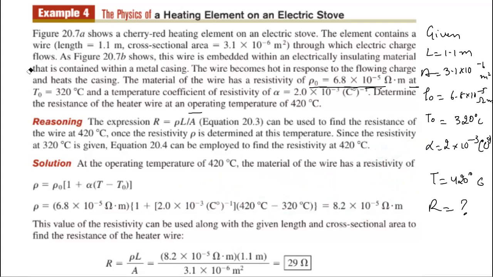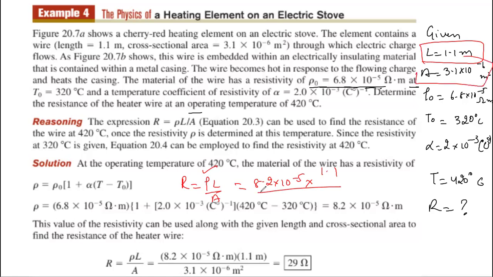We were solving for rho because that was the missing ingredient, because we want to find R. So rho came out to be 8.2 into 10 to the power minus 5. Do you know length? Yes, it is 1.1. Let's quickly write that. And then, do you know area? Because in the denominator I need to fill in an area. So 3.1 into 10 to the power minus 6.